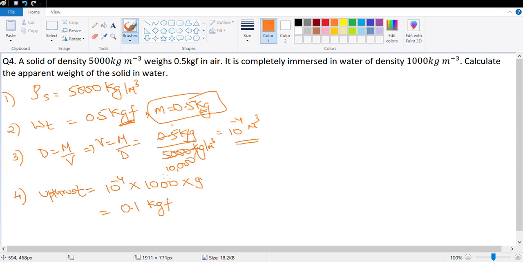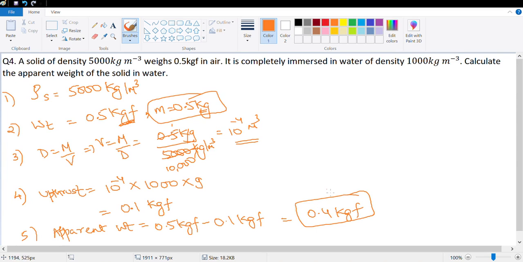So apparent weight would be equal to real weight, or weight in air, which is 0.5 kgf, minus upthrust, which is 0.1 kgf, which is 0.4 kgf. So the apparent weight is equal to 0.4 kgf, kilogram force.